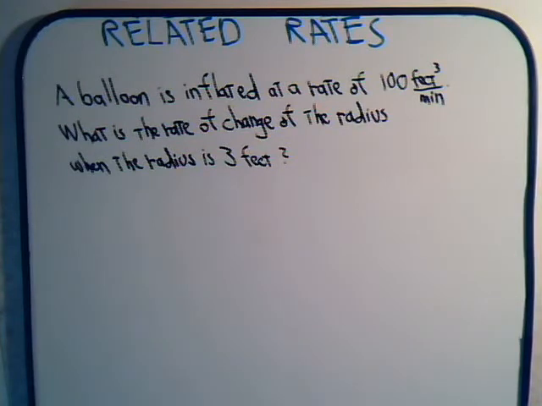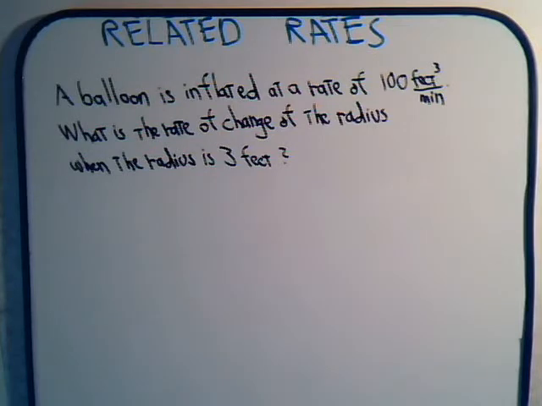We have a giant balloon, and it's being inflated at the rate of 100 cubic feet each minute. And we're asked to find what is the rate of change of the radius at the moment when the radius is equal to 3 feet.